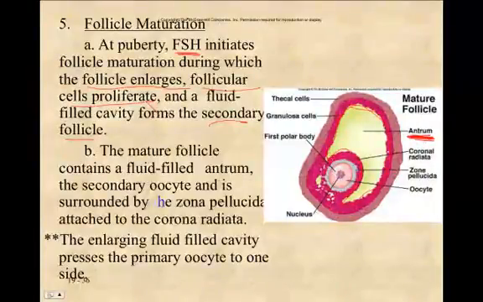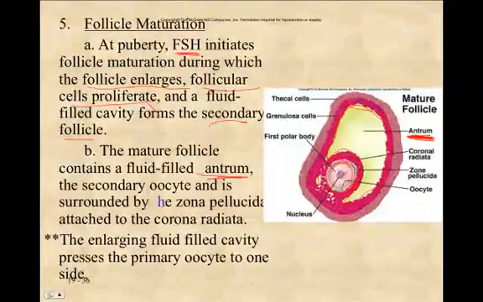And the secondary oocyte, which is going to be here, means the oocyte has gone through meiosis 1, so it's gone through the first meiotic division. And that secondary oocyte is going to be surrounded by this layer called the zona pellucida.